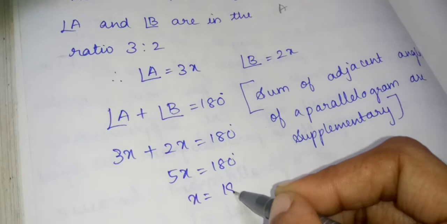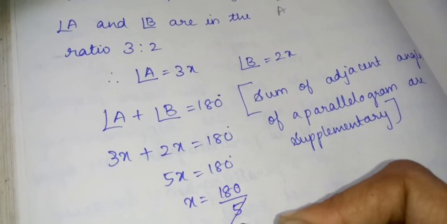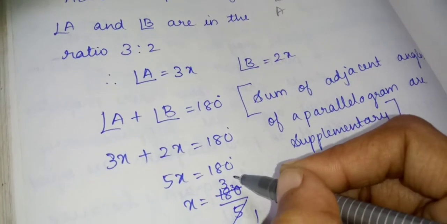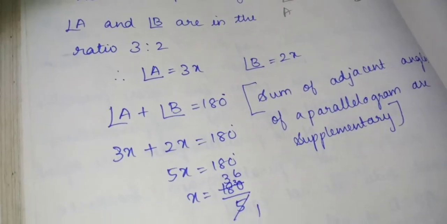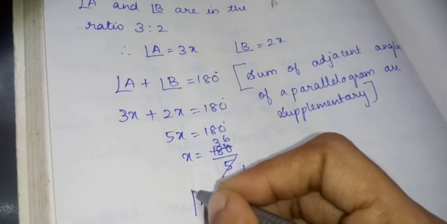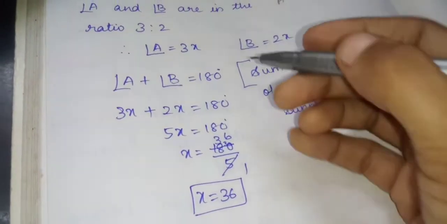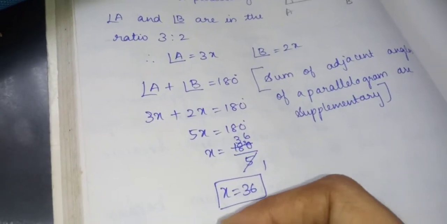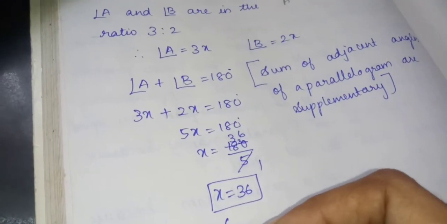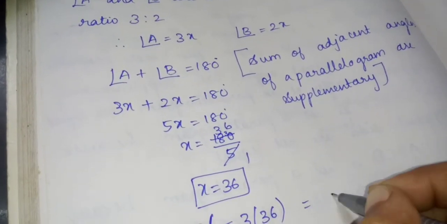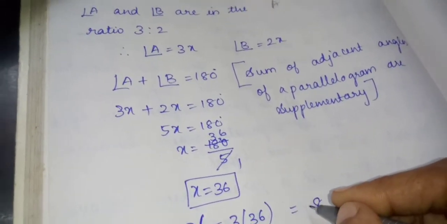x is equal to 180 divided by 5. 5 ones are 5, 5 threes are 15, 3 remainder, 6 5s are 30. So what is your x value now? 36. Now using this x value, can we find A? Yes, angle A is equal to 3x equal to 3 into 36. 6 3s are 18, 3 3s are 9, 108.